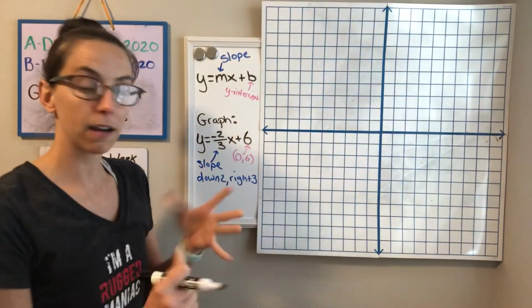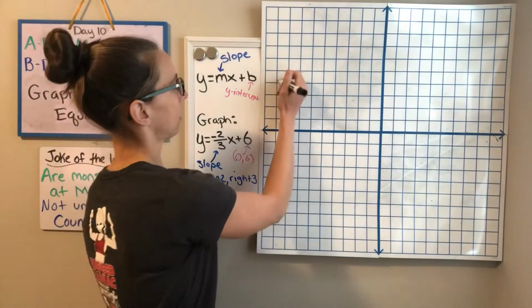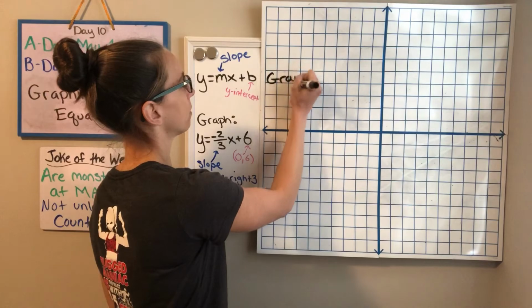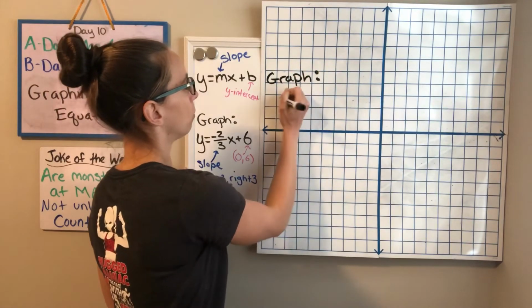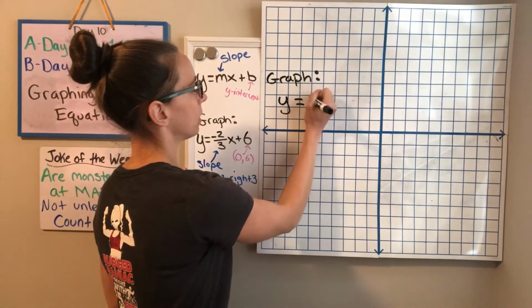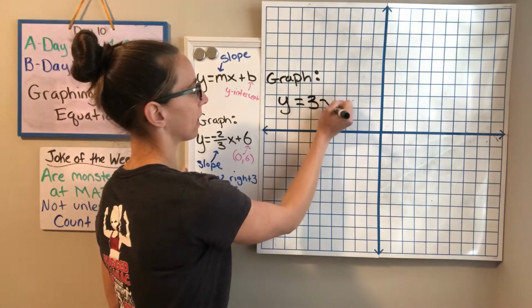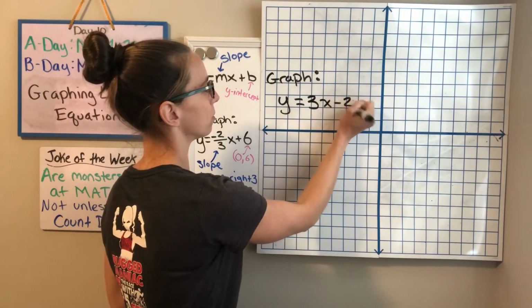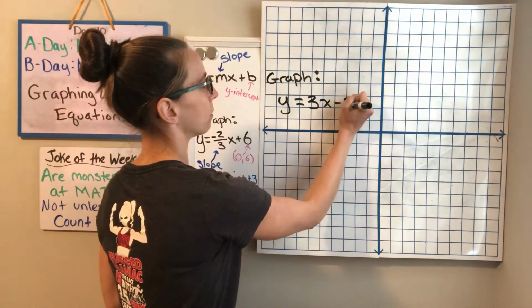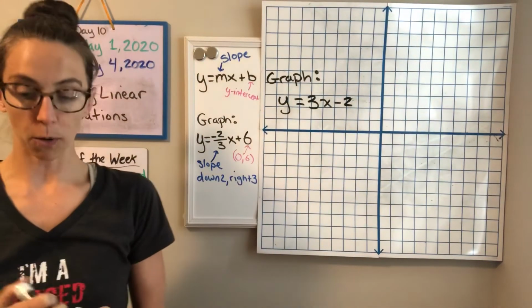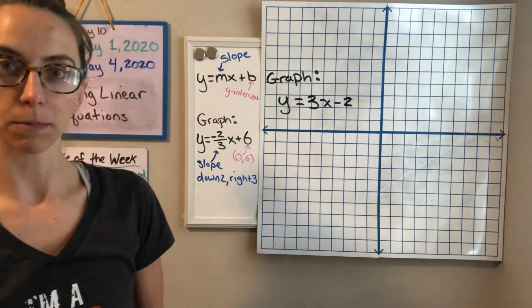This time I'm going to have you graph the line y is equal to 3x minus 2. Again, we first have to figure out what our slope is and what our y-intercept is.